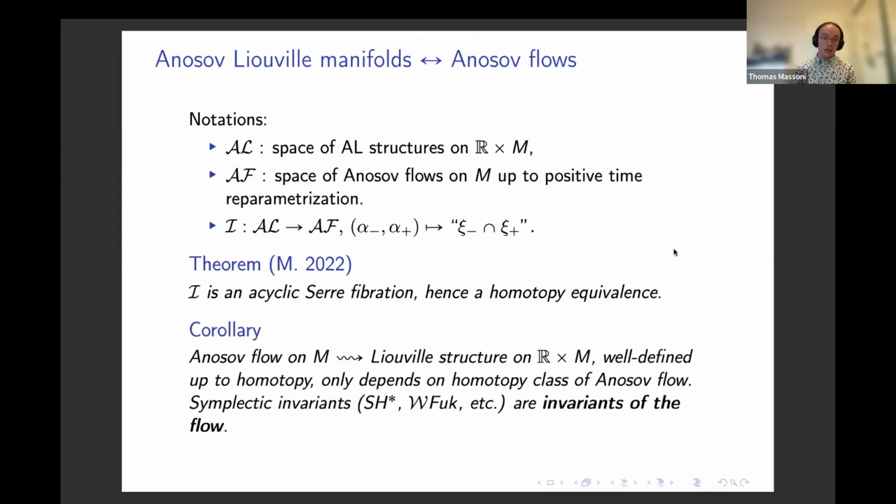And as a corollary, an Anosov flow on a three-manifold M will give you a Liouville structure on R cross M that is well-defined up to homotopy, and that only depends on the homotopy class of the Anosov flow within the space of Anosov flows. And moreover, the symplectic invariants of this Liouville manifold, like the symplectic cohomology or the wrapped Fukaya category, are invariants of this flow. So with this construction, we get potentially very interesting invariants of Anosov flows.